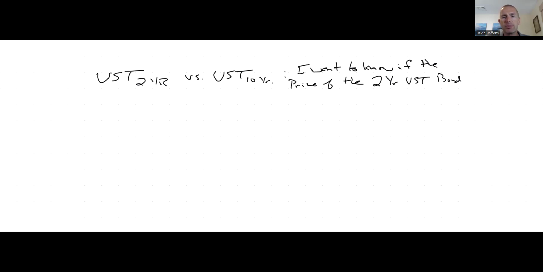But I want to know if the price of the 2-year US Treasury bond is the same as the price of the 10-year US Treasury bond.